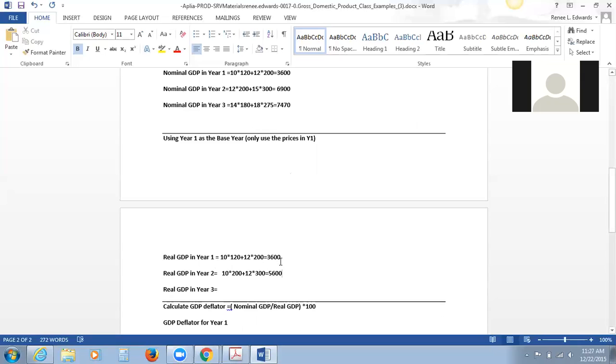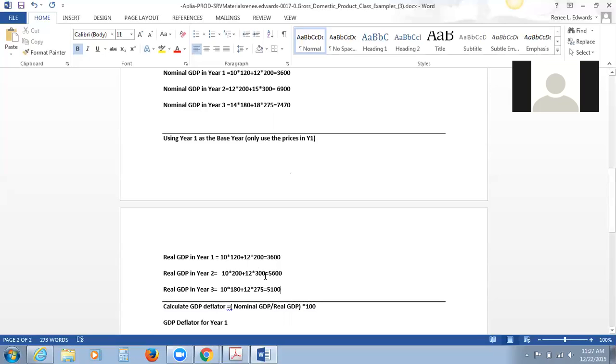Maybe some of that increase in GDP when we're looking at just nominal, or name only, is because of a change in prices. All right, and in year 3, again, you want to use year 1 prices, $10 times 180 plus the 12 times 275, which gives me 5,100.